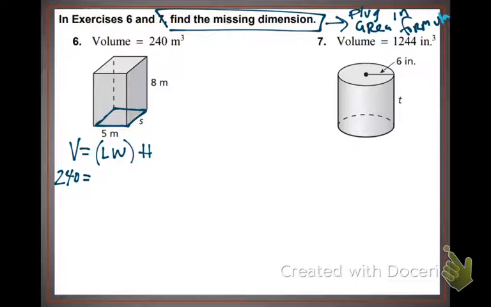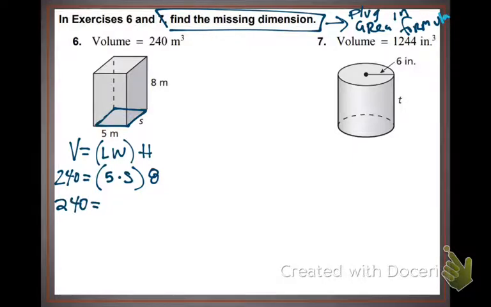All right, length, width, and height. Does it actually matter which one I label to be which? No, not really. The way I have it outlined right now, it'd be 5 times, what's my width? What letter is that? S. And then the height is 8. Does it matter what order you multiply in? No. So technically you have 5 times S times 8.